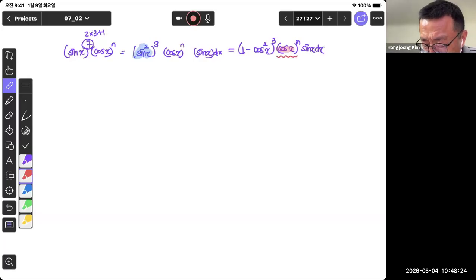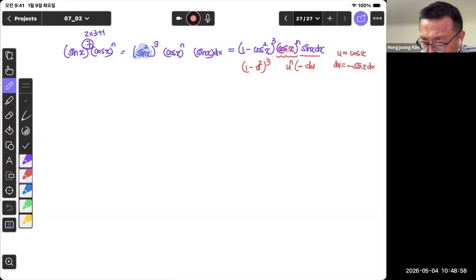So this will be u to the n, and cosine x squared will be replaced by u squared, and sine x dx will be denoted by negative du, sorry, because u is cosine x, so du will be negative sine x dx.